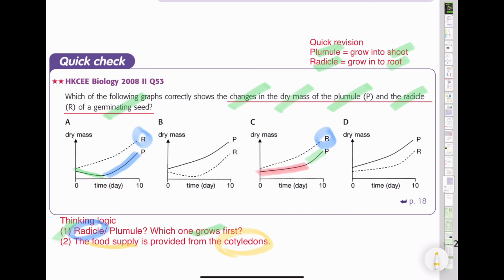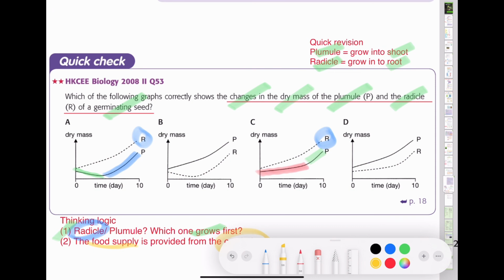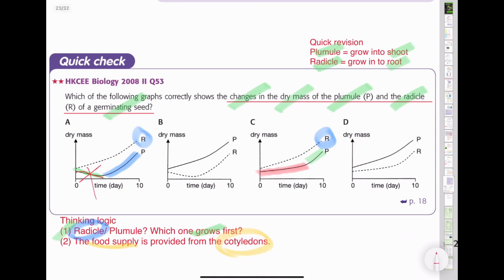So that's why graph A is wrong, because at the very beginning it shows a slight drop, which is wrong. It should keep increasing. And then why is there a rapid increase in this part? Because the plumule may have green leaves and undergo photosynthesis, producing more food for itself to grow faster than before. So that's why the answer is C.